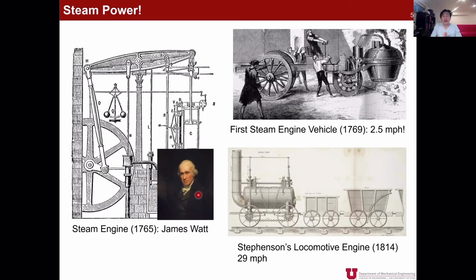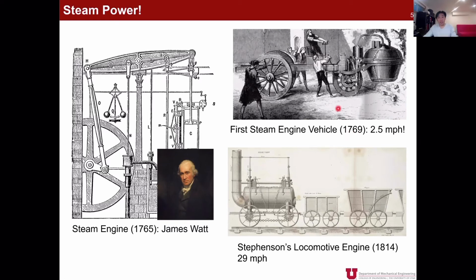Then people were so excited by the possibility that they could use steam for things that would be beneficial for us. Then people invented a lot of other kinds of systems or devices. One first example is the steam engine vehicle. The first steam engine vehicle came out in 1769. That is only 4 years after James Watt made a steam engine.